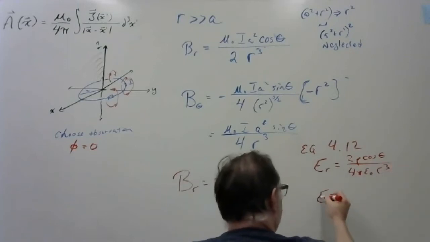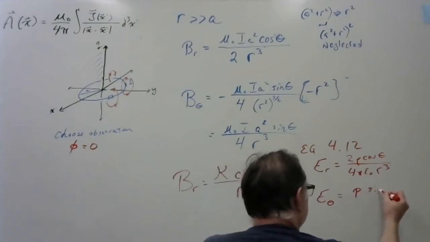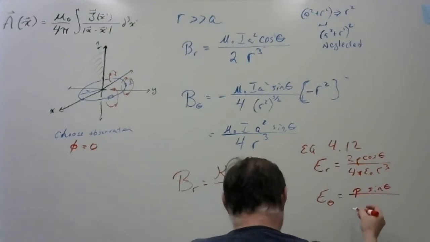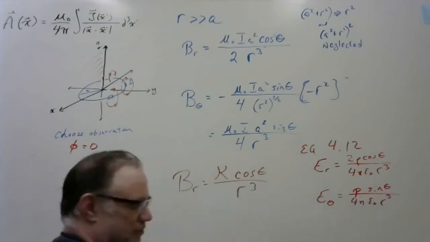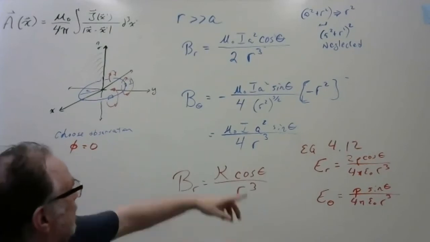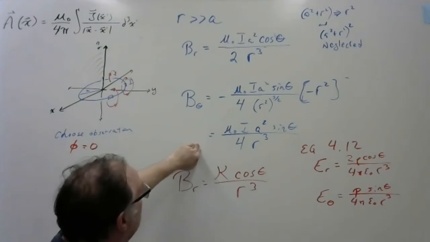And E theta equals p sine theta over 4 pi epsilon naught r cubed. Notice, even that extra factor of 2 comes in.